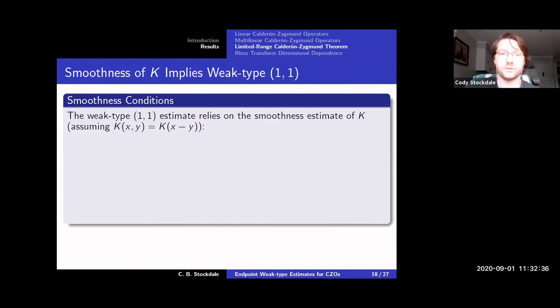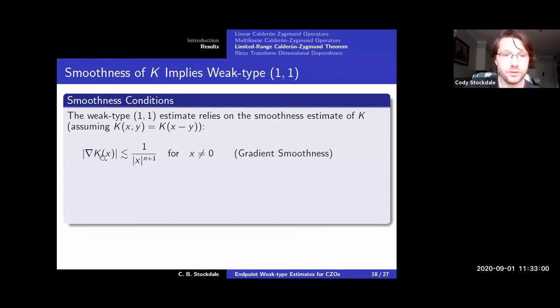Historically, here's the way we want to present it: this relies on the smoothness estimate, and just for simplicity in the notation, we're going to assume that our kernel is of convolution type. So K of x comma y is actually a function of one variable, whose input is x minus y.